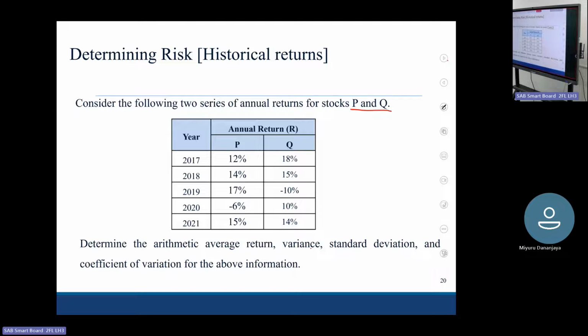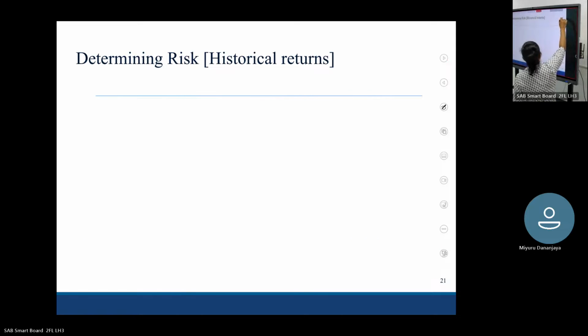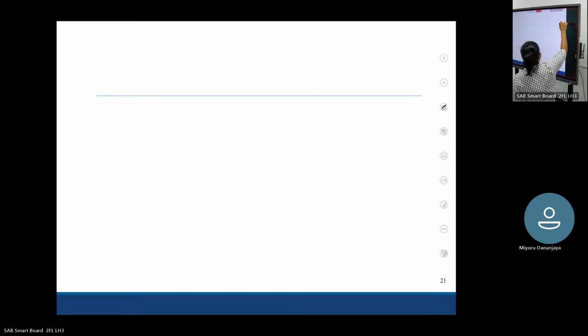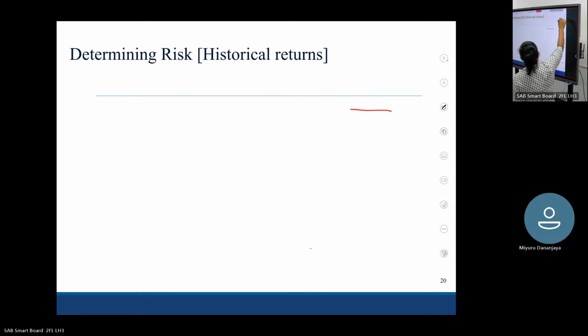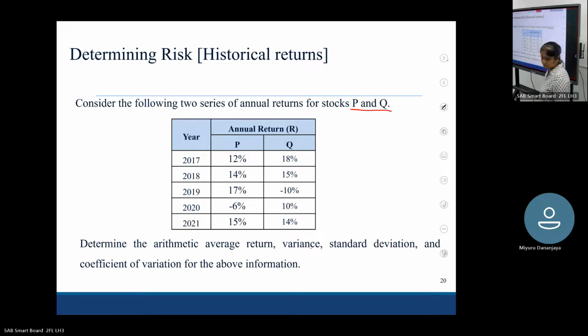Don't take much time, you can apply that formula and calculate.